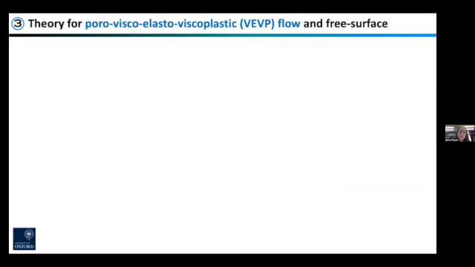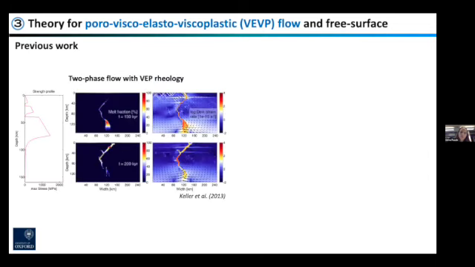In order to test this hypothesis, we've developed a theory for poro-viscoelasto-viscoplastic flow combined with a free surface. I'm going to explain briefly what that means. It is based on previous work, in particular the work by Keller et al. 2013, which was one of the first studies to test the two-phase flow theory with viscoelastoplastic rheology.